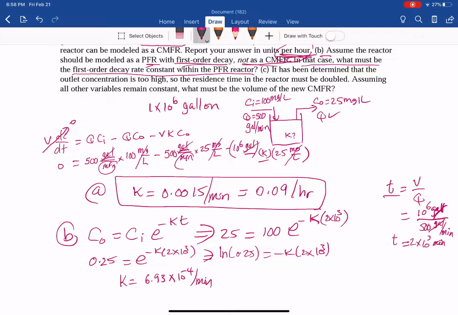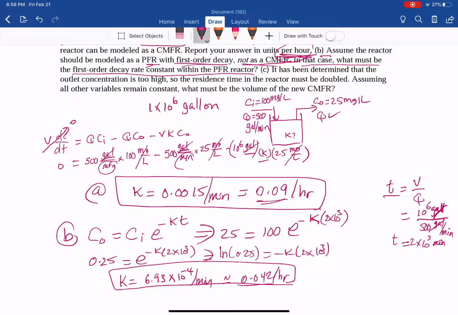So you multiply it by 60 to make it per hour, so 0.042. Now this is K for the plug flow reactor. Now you can see 0.09 and 0.042. Well, 0.09 is extremely active.